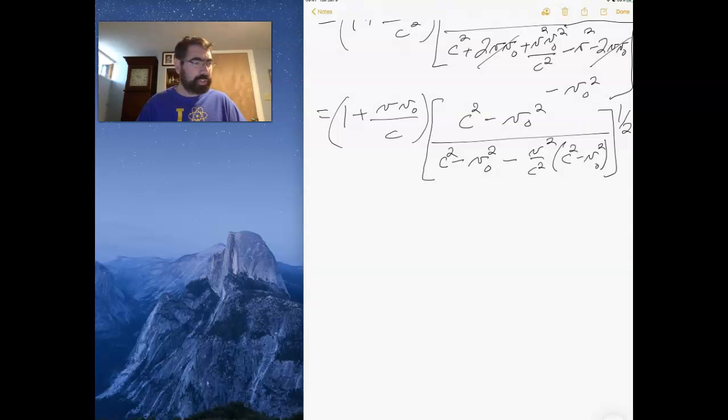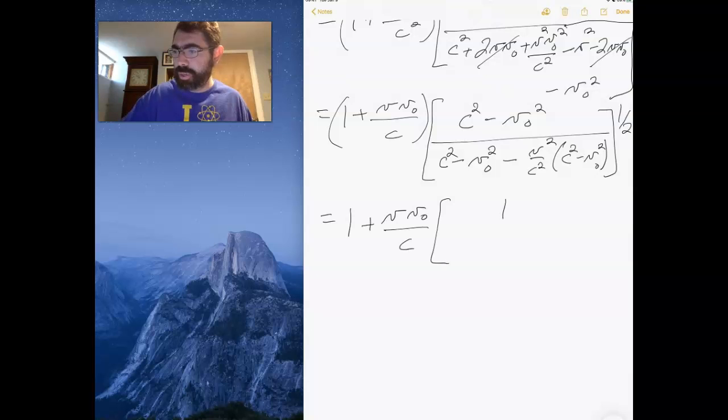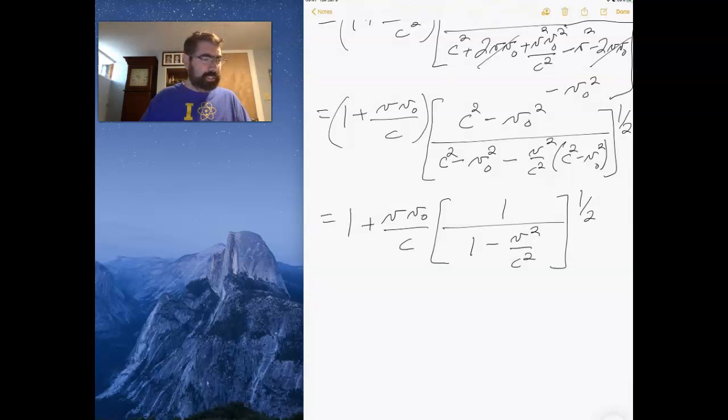And what you can see is I can then cancel that out, and I get a 1 plus V0 over C, 1 over 1 minus V squared over C squared, square root, which I can then write as gamma.